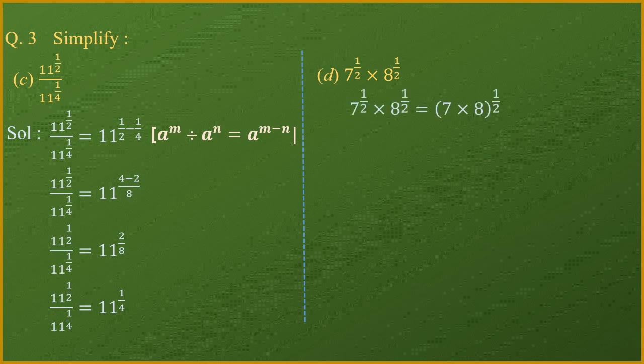So here see 7 and 8 I am multiplying because bases are different but powers are same, so the power I have taken common and 7 and 8 I have multiplied, keeping the power same with the help of the formula a to the power m into b to the power m is equal to a into b whole power m. Okay, now 7 and 8 multiplication will become here 56, and 56 we cannot simplify further, so 56 to the power 1 by 2 is the final answer.